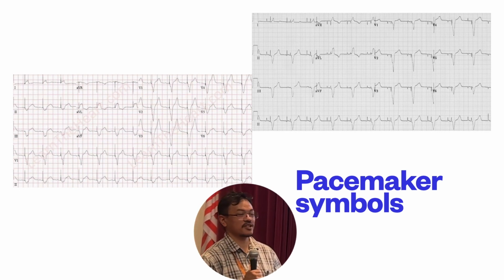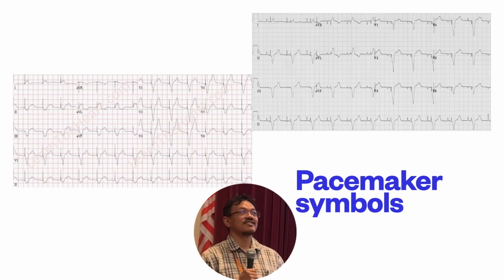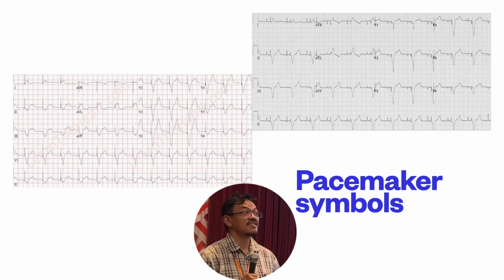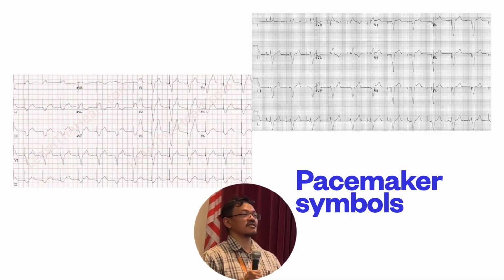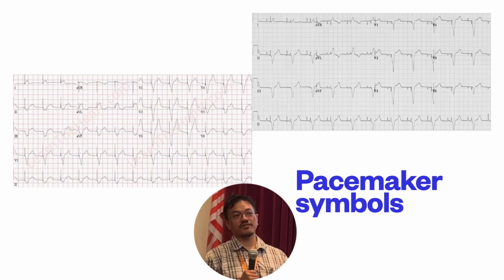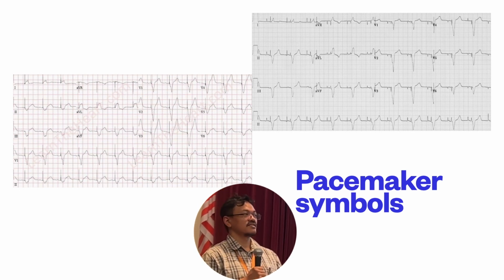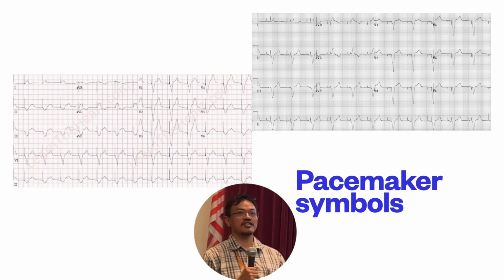What is R on T phenomenon? Okay, it may induce torsades de pointes, but basically, what does it tell you? At the end of the day, what is it? It's basically giving a stimulus during the T period, kan? Yeah. So you're gonna induce arrhythmia.